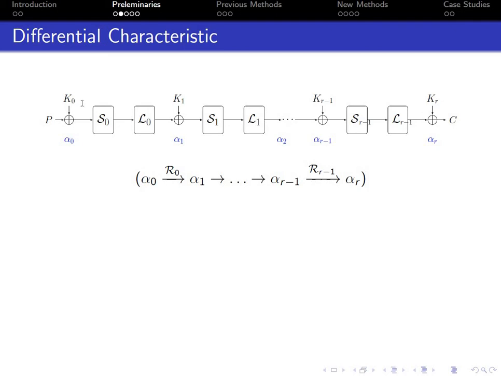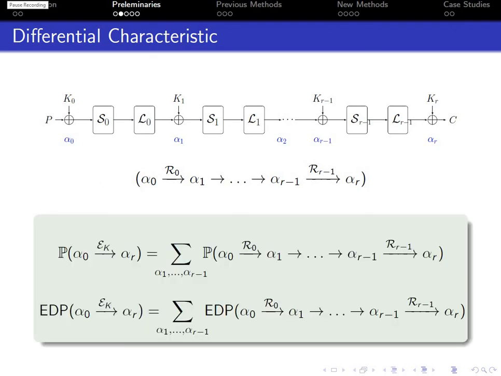For instance, here the input difference of the first round is alpha_0 and the difference value in the output of this round is alpha_1. And then again, the input difference in the second round is alpha_1 and the output difference is alpha_2. We denote such a differential characteristic by this notation.